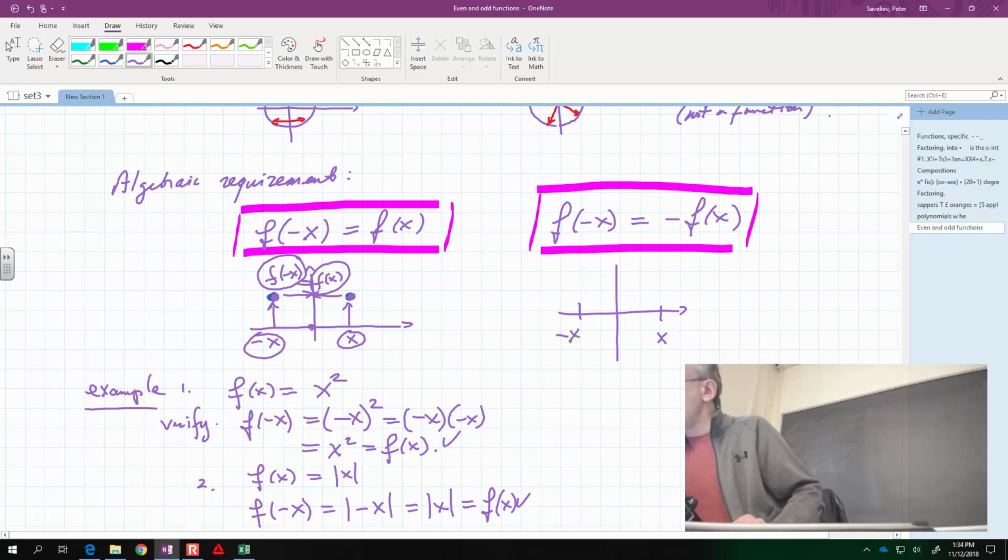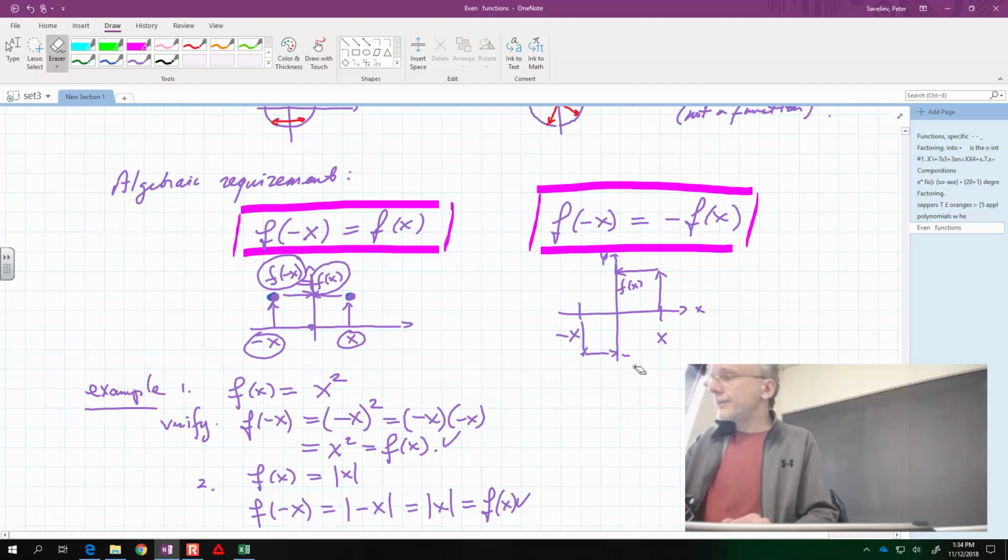X, this is negative x, this is f of x, and this is negative f of x, or rather, this is f of negative x.